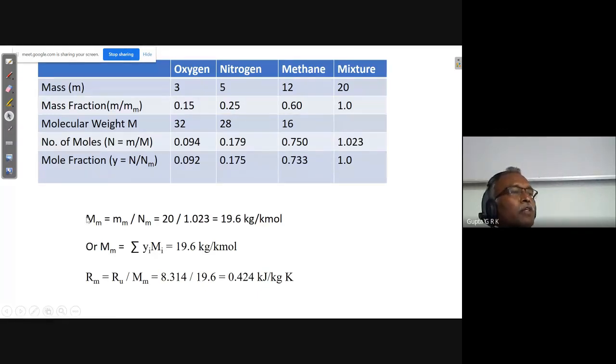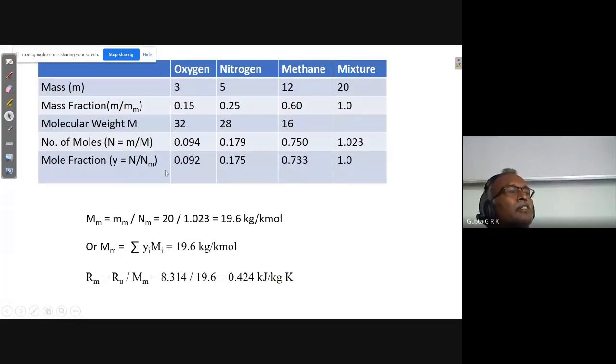And if I want to find out the molecular weight of the mixture, that is the mass of the mixture by the total number of moles of the mixture. The mass of the mixture here is 20, and the total number of moles of the mixture is 1.023. So 20 by 1.023, we will get 19.6 kg per kilomole. This can also be obtained using the other relation, using mole fractions: Mm is sigma yi Mi.